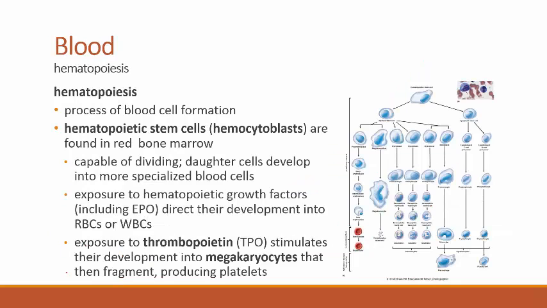Hematopoiesis, so here's another little definition for you. Hematopoiesis is the process of producing blood. This prefix hema means blood, so this is blood production or blood cell formation. Hematopoiesis is done in red bone marrow, and it's done by blood cells called hematopoietic stem cells, or sometimes they're called hemocytoblasts.